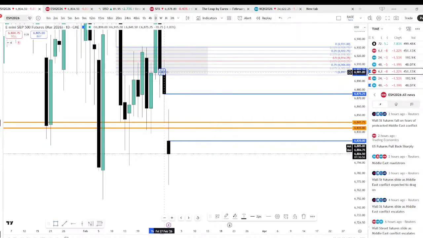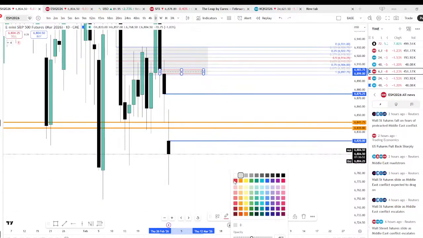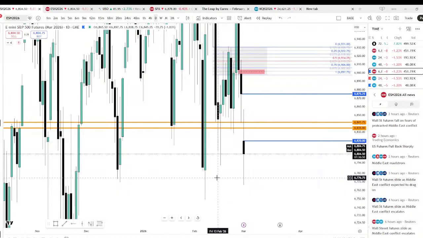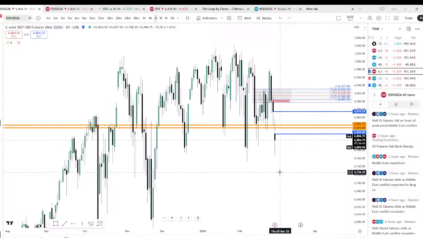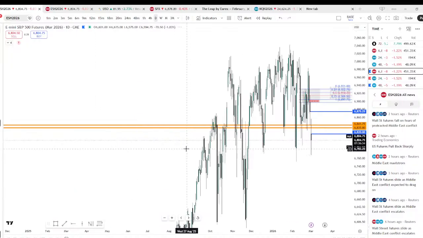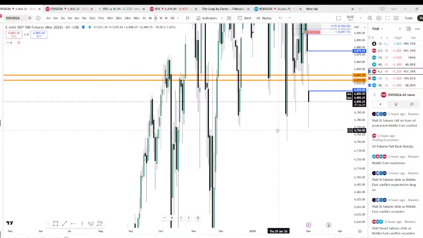Here's a volume imbalance. We want to make sure these are marked. We'll grade this opening gap. I love how everyone's starting to really factor in the opening gap to their analysis.